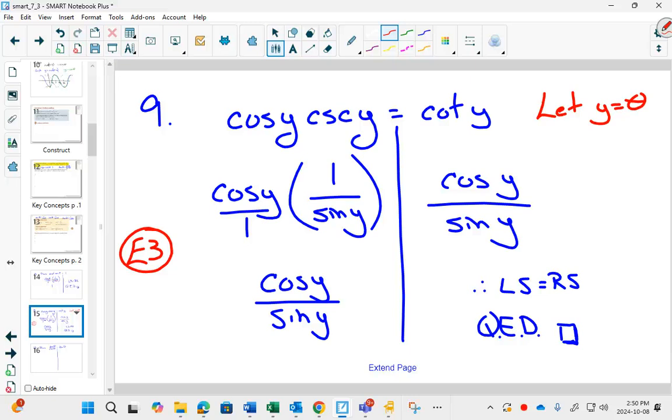This actually happened on an exam once. They had a question, and it was not an easy question. It was like a quadratic equation, secant squared x plus 3 secant x plus 1 equals 0. And then they said, solve for theta. There were no thetas in the question. So they gave every student who did that question that year 100% on that question.